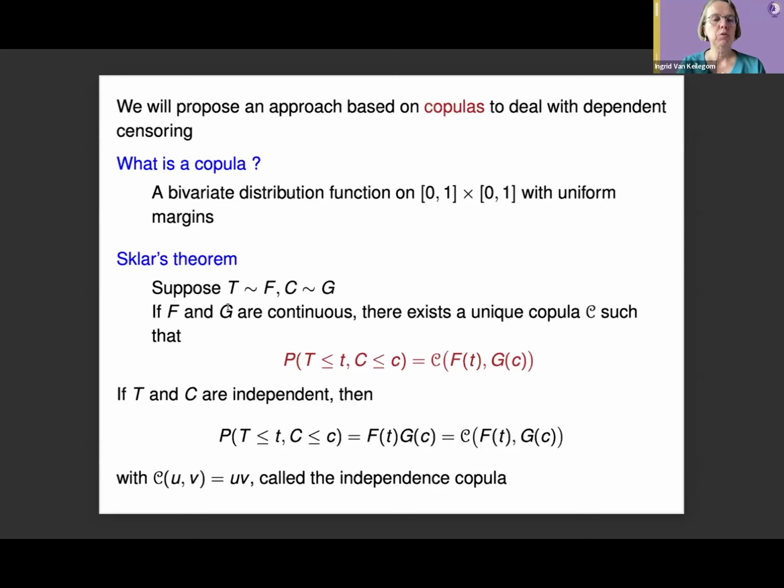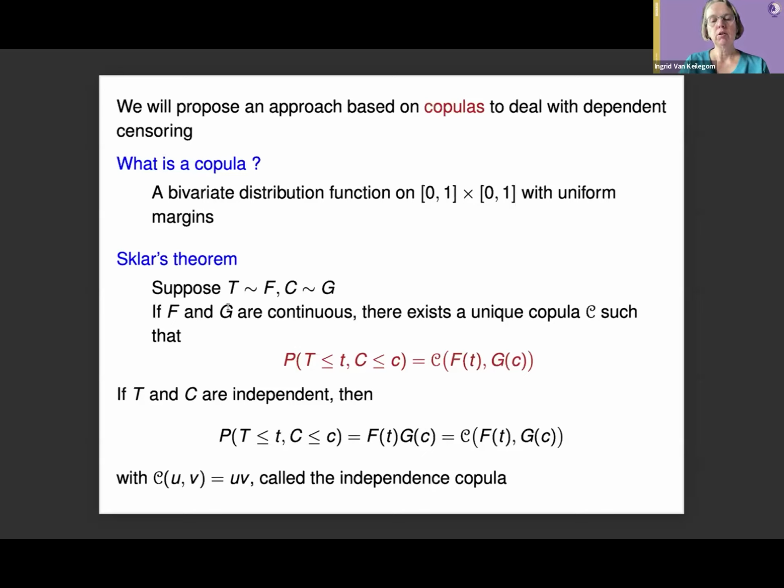Well, that's thanks to Sklar's theorem, which says that if you have two continuous distributions, let's say F and G, then there is always a unique copula such that the bivariate distribution of T and C can be written as that copula evaluated in the marginals.